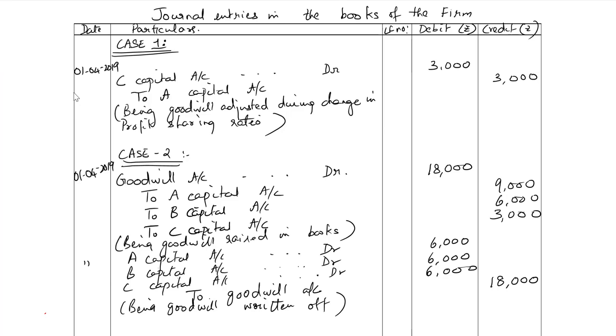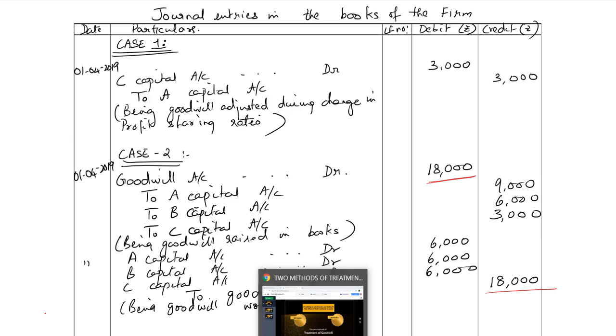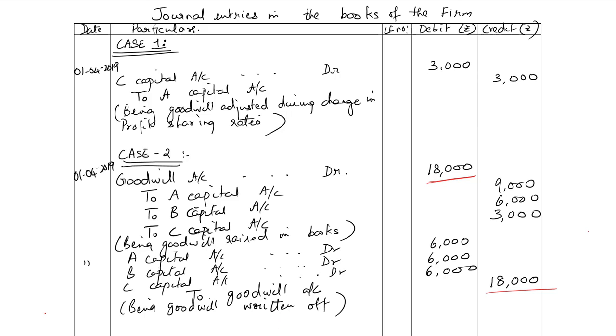If you see case 2 here, we have debited goodwill account with 18,000 in the first entry and credited the same goodwill account with 18,000 in the second journal entry. So that effect gets cancelled.